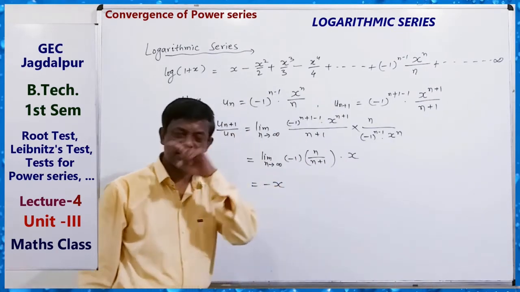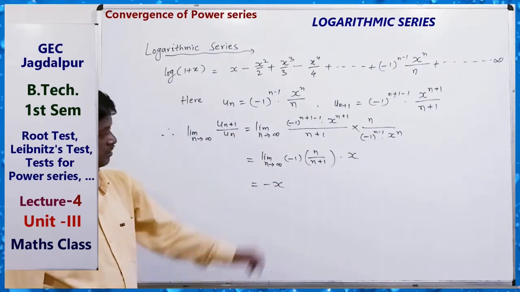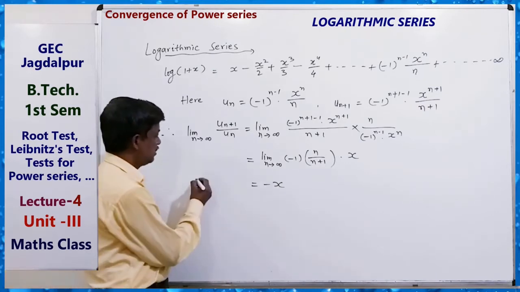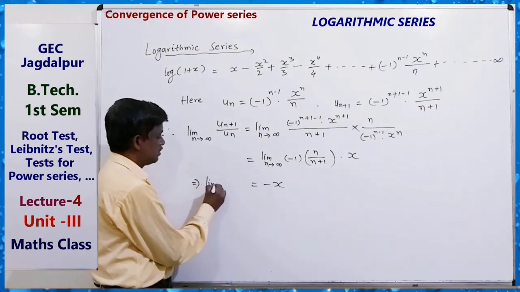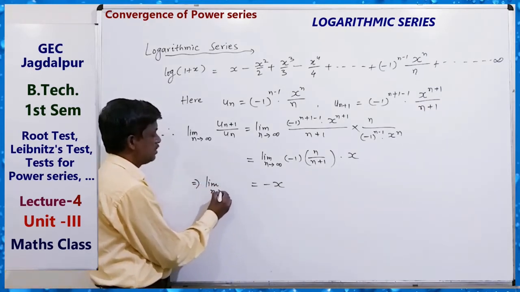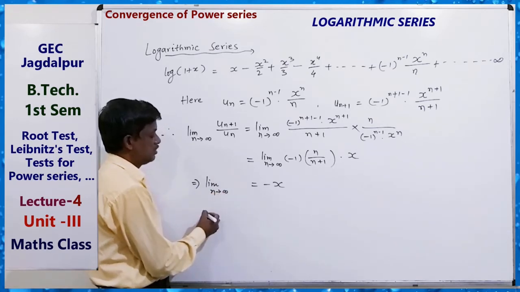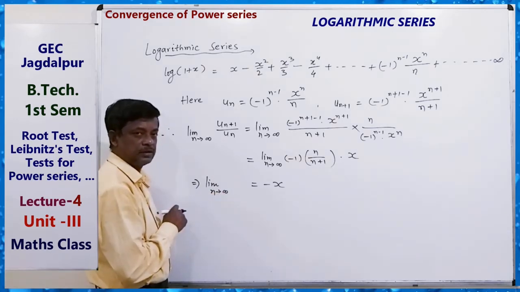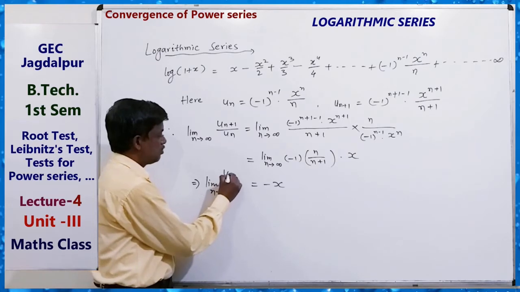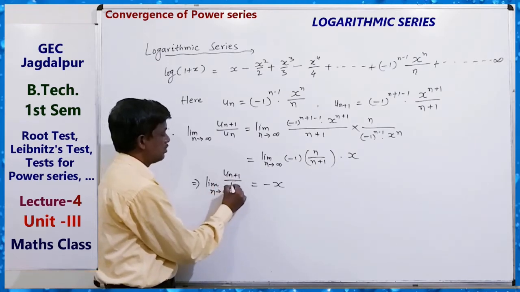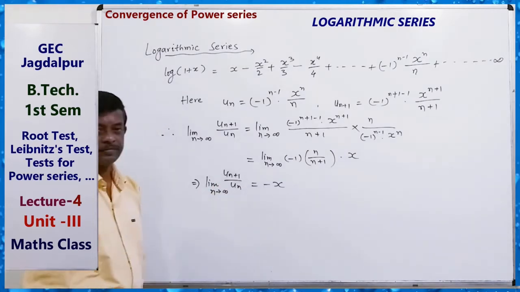So by ratio test, same thing here as for the exponential series, limit n tending to infinity of u(n+1) upon u(n).